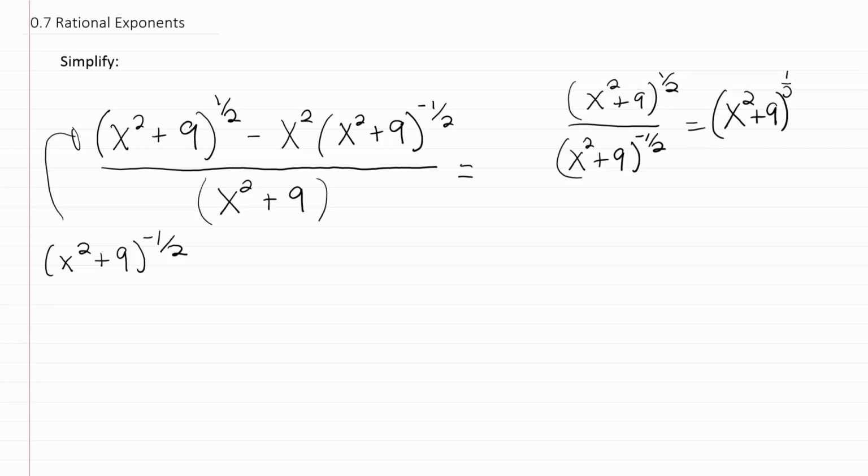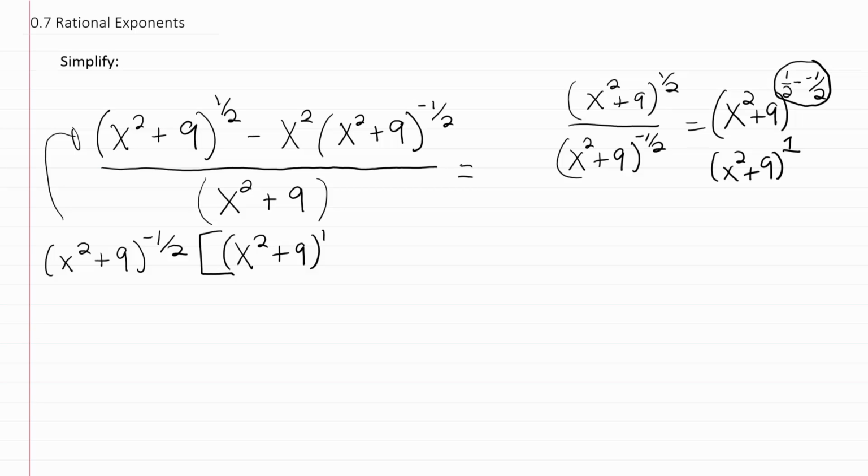So you're going to do 1/2 minus a negative 1/2. When you have a negative negative, it becomes a positive. So we'll end up having x squared plus 9, and 1/2 plus 1/2 gives you 1. So inside of here, the factor will just be x squared plus 9 to the 1 power. That's what happens when you take out the x squared plus 9 to the negative 1/2 power.